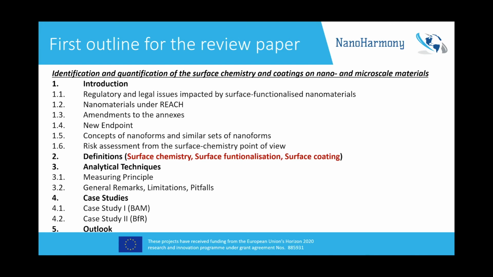This review paper will be divided in 5 chapters. The first will give an introduction and the regulatory need, why we do this and why we are interested in the determination of the surface chemistry.